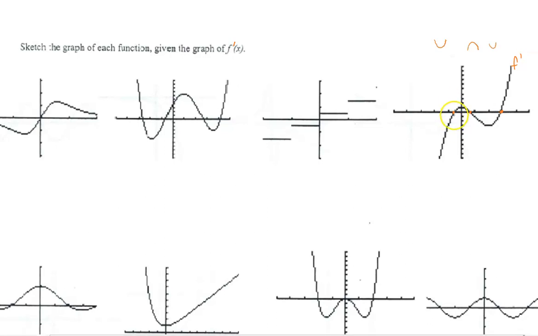I just need to know that this point at x equals whatever this value is has to be below this one, which will have to be above this one. So I'm just going to draw everything up above here. Right here I have a min, and then here, make that a little higher, I have a max, and then here I have another min. Okay, so filling in the curve around that, I should have a negative slope up to this point, and then a positive slope in between them, then another negative slope, and then another positive slope.